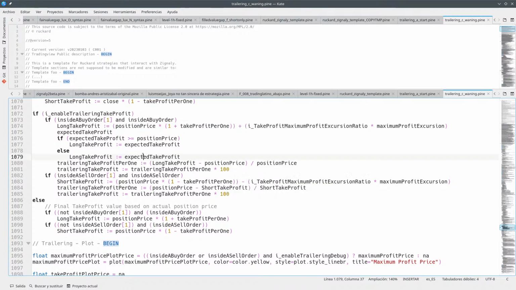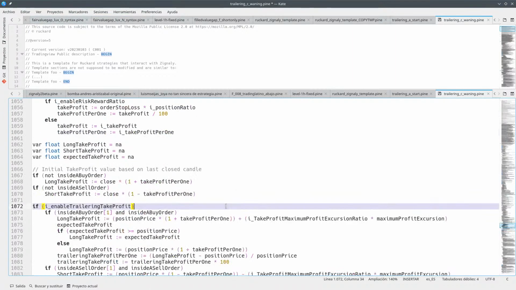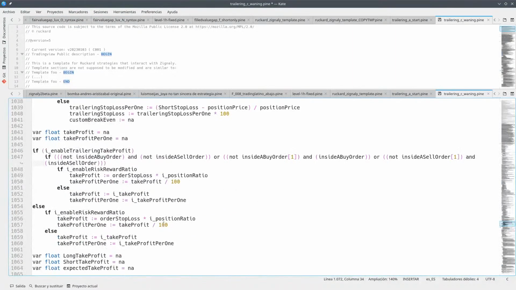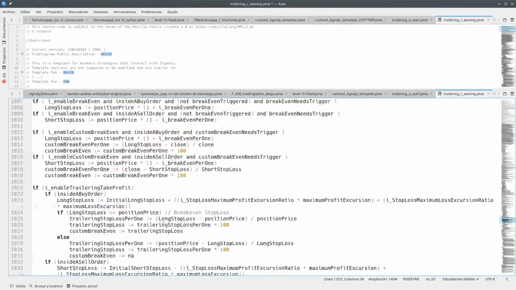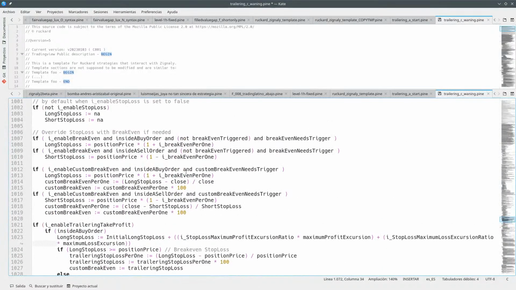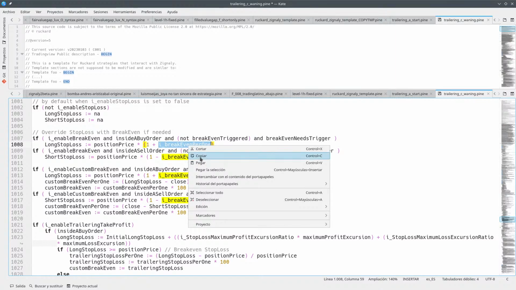So break even should be, okay, let's search for break even somewhere. Break even per one, that's right.